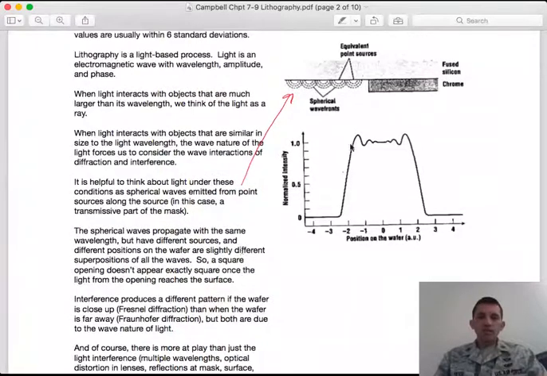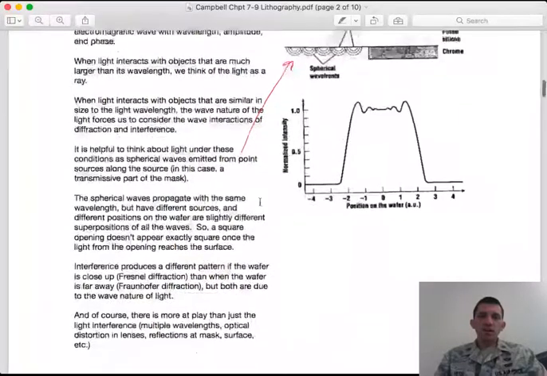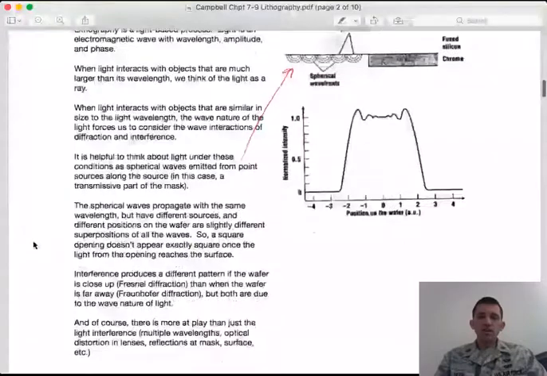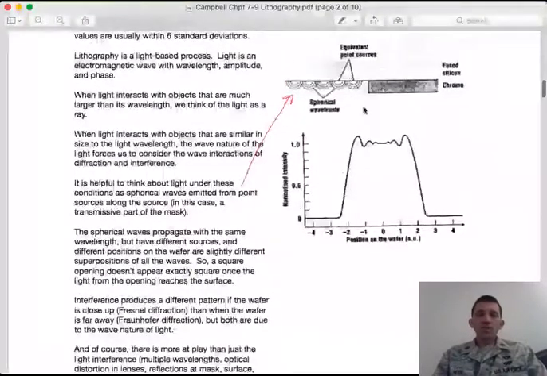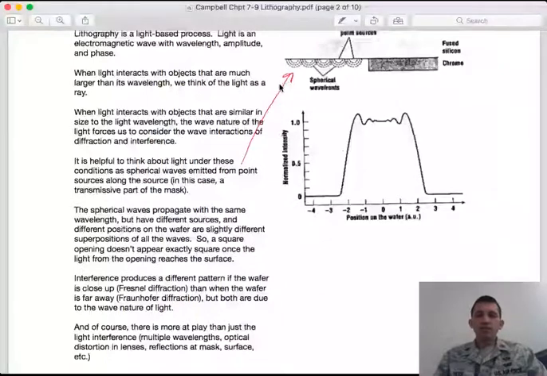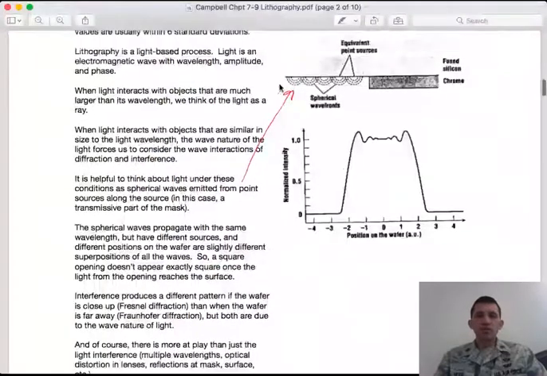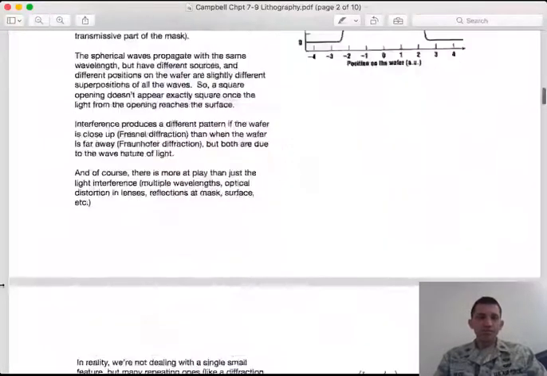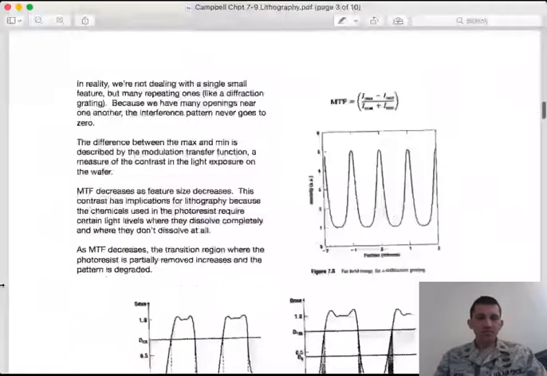You have a reflection at the interface between one index and another, so that would be within your mask, and also the photoresist at the surface. So just this pure interaction between the diffracting photons is just the start of your worries. You have other complexities due to how the light is getting from your source to your sample or to your wafer.